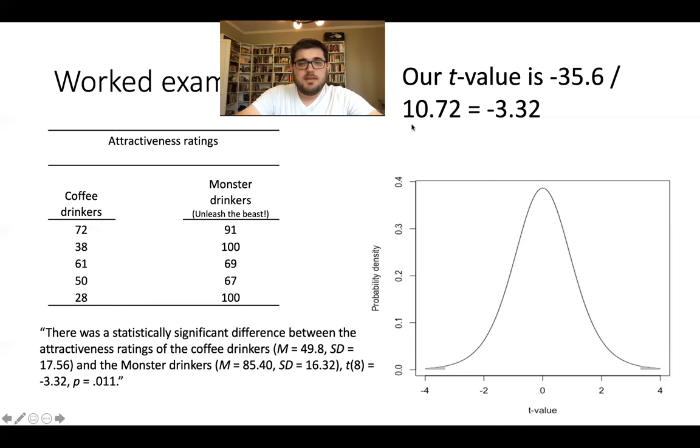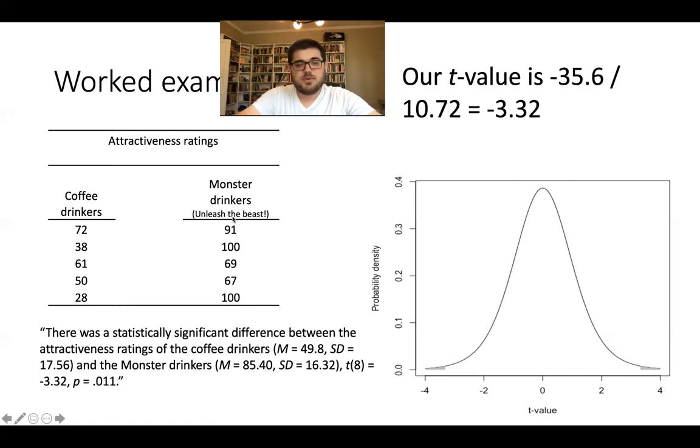That's a way of representing how spread out, if you were to keep sampling from the population distribution of coffee drinkers and Monster drinkers, getting their attractiveness, sample sizes of 5, keep collecting them and then calculate the difference, sample again, calculate the difference.